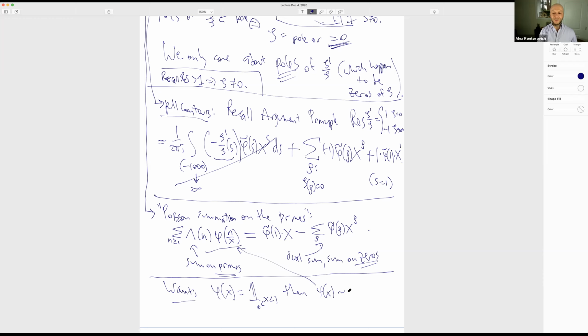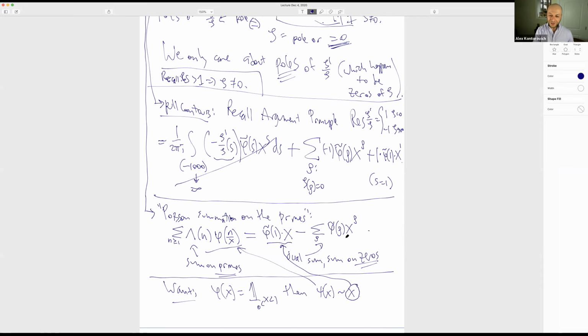And we want that to be asymptotic to x. Where are we getting our x from? Where do we have a term x to the 1? Right there, the pole. The pole at s equals 1 is exactly why the prime number theorem is what it is.